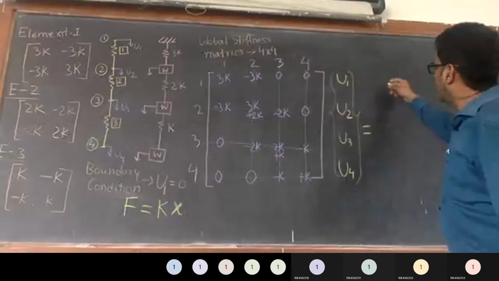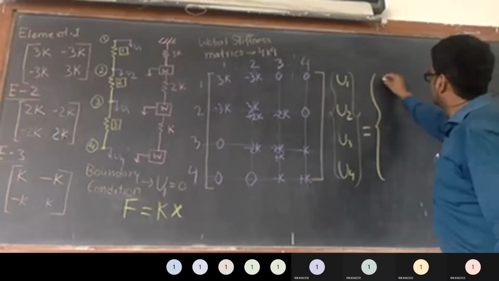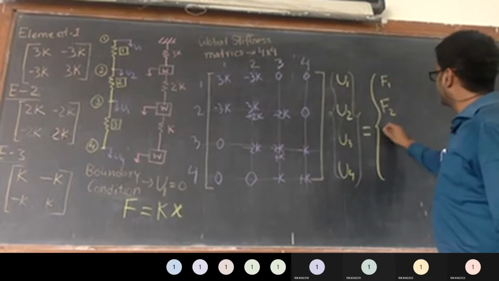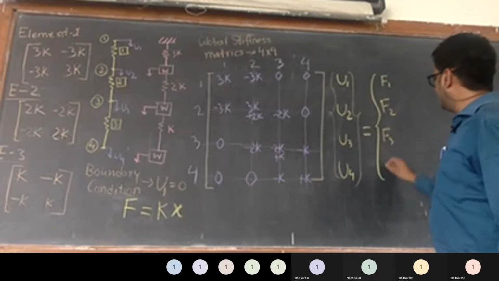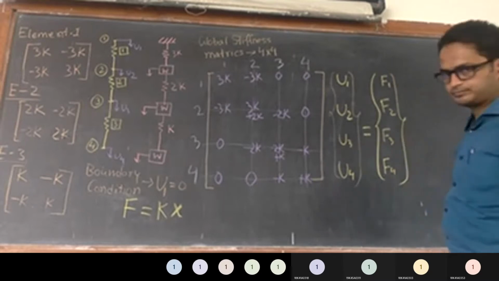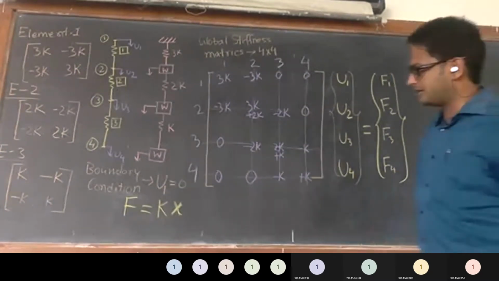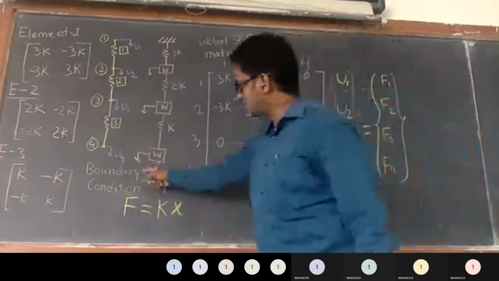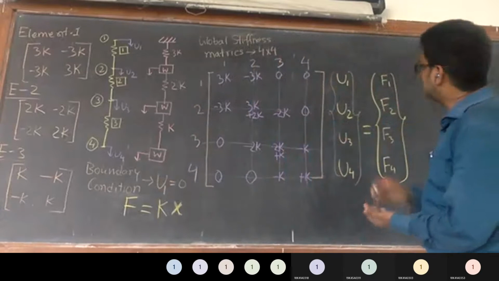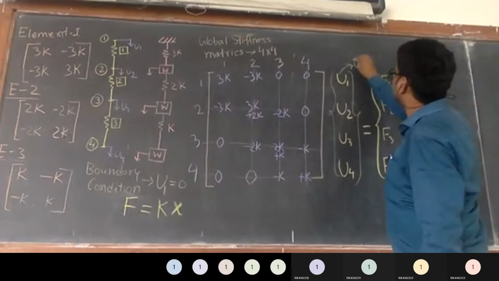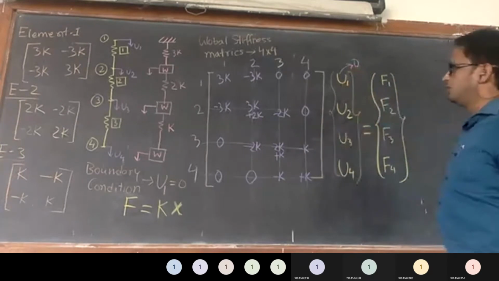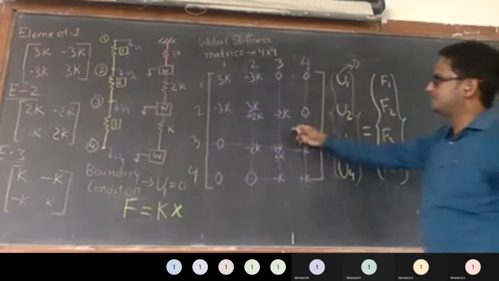Now, the term is for F. So here it will be F1, F2, F3, F4. Now, what is the boundary condition? Boundary condition is U1 equals 0. So this value U1 equals 0.